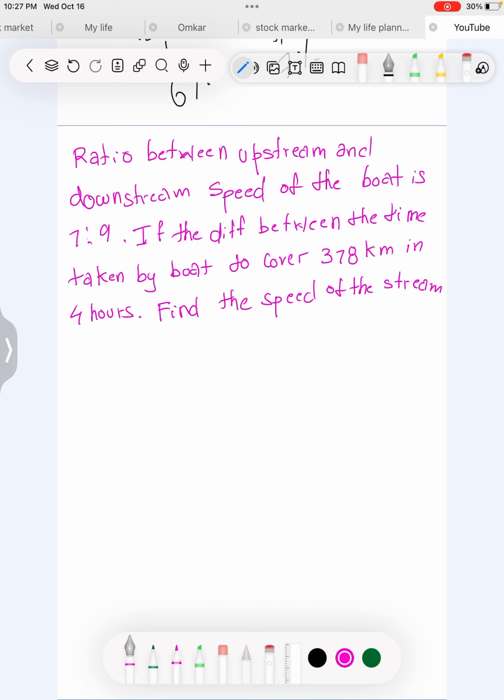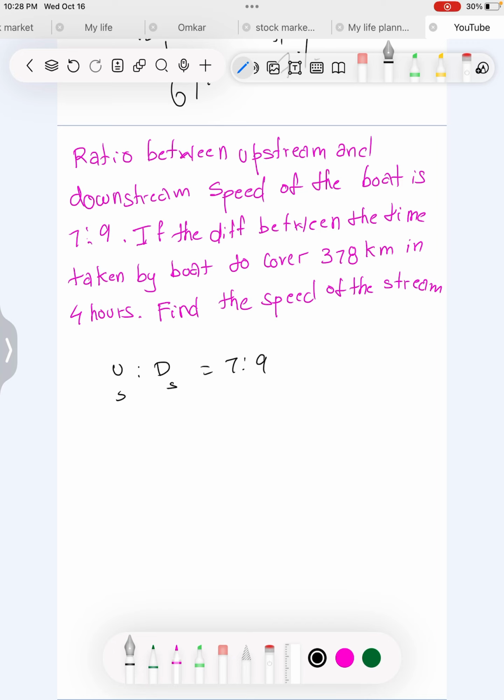So let us see this question. So here you can see the ratio between upstream and downstream speed of the boat is given as 7 is to 9.